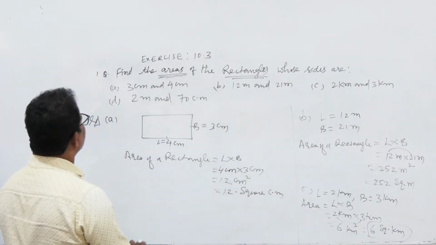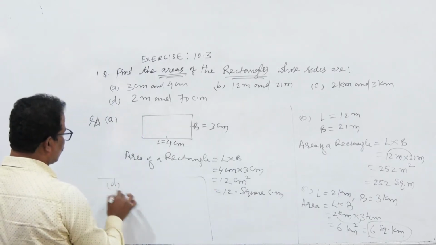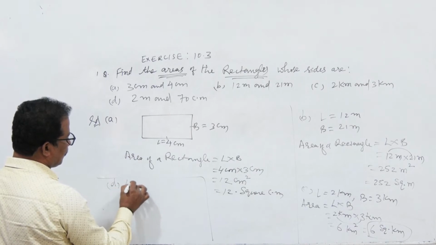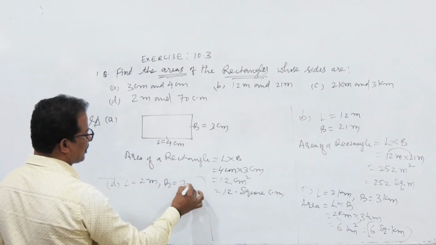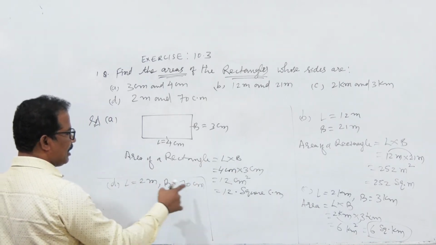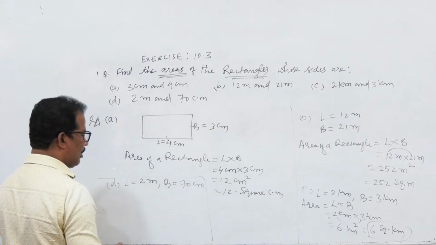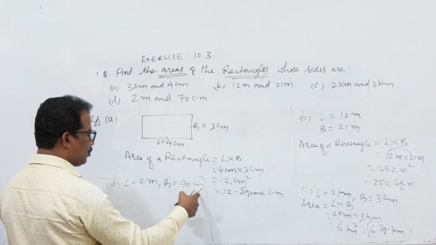Understand? Similarly for question number D, the length is 2 meter and the breadth is 70 centimeter. So in this case the units are different. The length is in meter and the breadth is in centimeter. We need to convert either meter into centimeter or centimeter into meter.